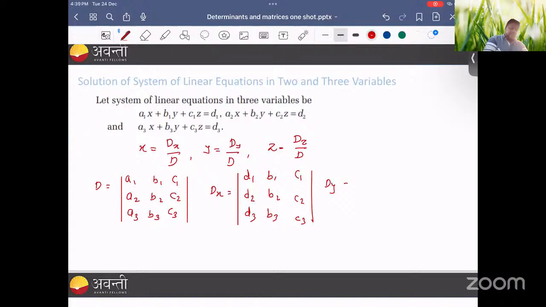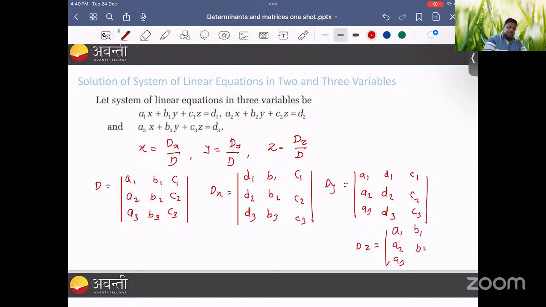What is Dy? That is a1, a2, a3, d1, d2, d3, and c1, c2, c3. And what is Dz? Dz is a1, a2, a3, b1, b2, b3, and d1, d2, d3. Got it?